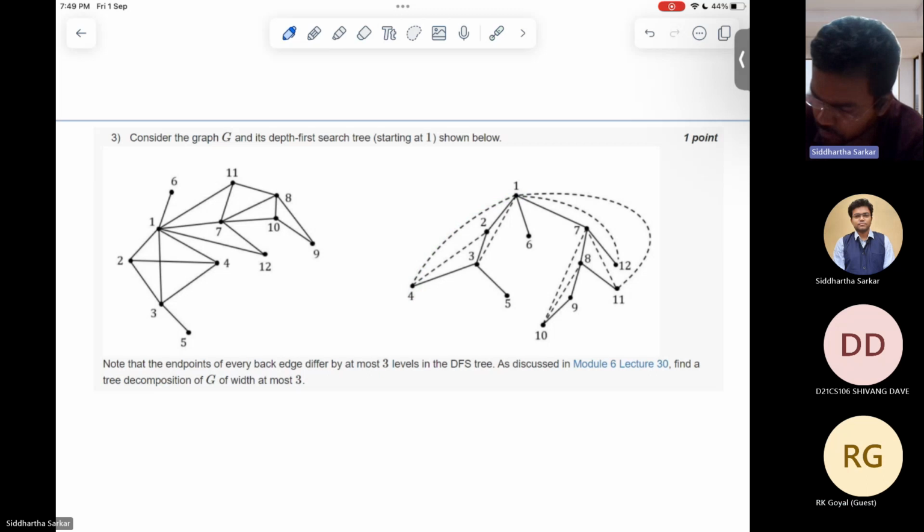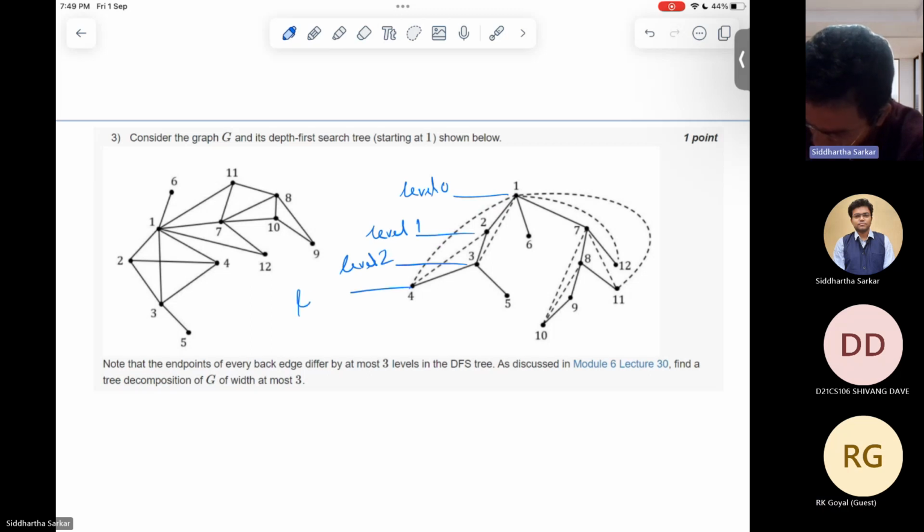What is the level of the root? The level of the root is level 0. What is the level of its child? This is level 1. What is the level of 3? This is level 2. What is the level of 4? This is level 3. So there is a back edge from level 3 to level 0. So probably it is the maximum number of edges traversed in between to reach 1. So this value comes out to be one, two, and then three.